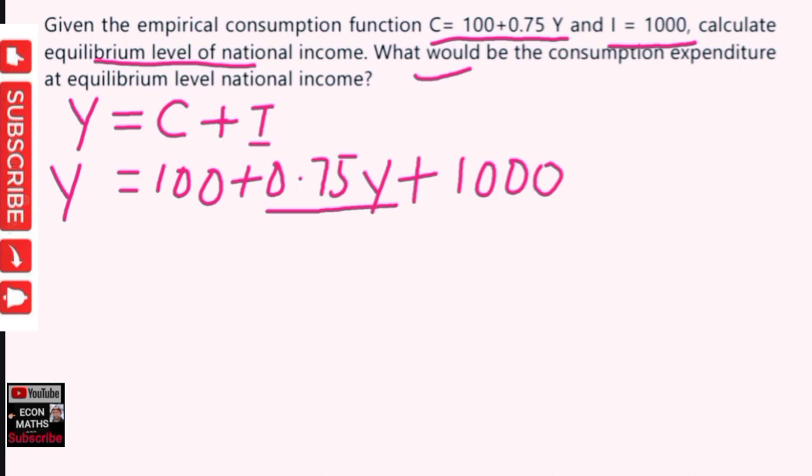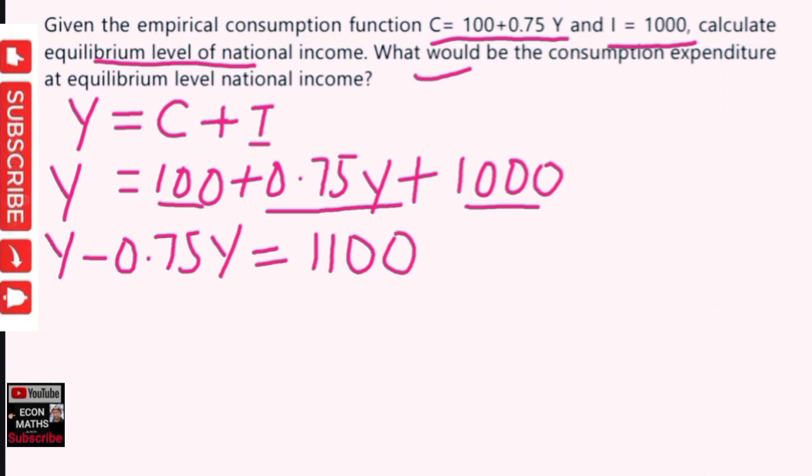We will transpose this Y on the LHS, so this will become Y minus 0.75Y is equal to, now 100 plus 1000 comes out to be 1100. Now Y minus 0.75Y is equal to 0.25Y, which is equal to 1100.